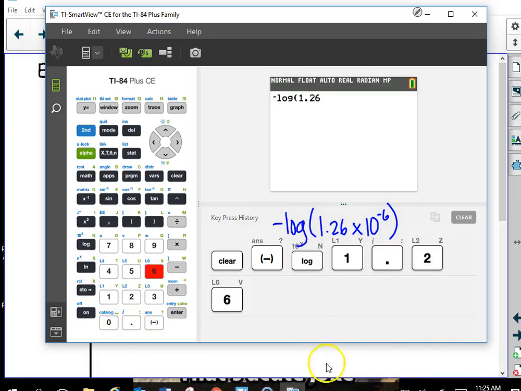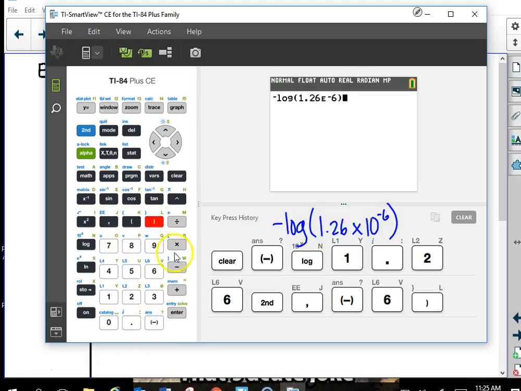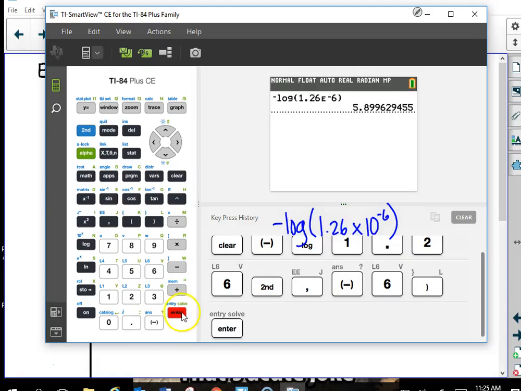And to do scientific notation on the calculator, we could probably just type in times 10 to the negative 6. But we have a button for it. It's second and the comma button, which gives us EE. This is what shows up when it's giving you a number in scientific notation. And now I'm just going to type in that small negative 6. Close my parentheses, and there's my number.